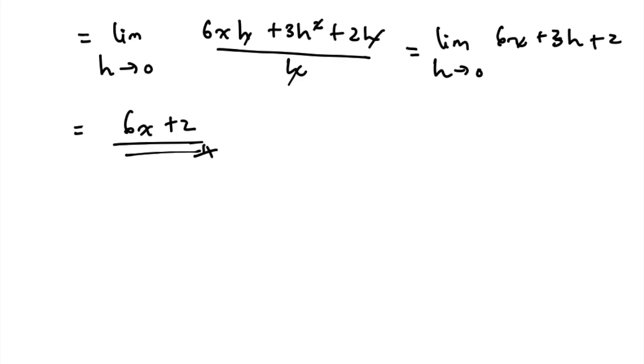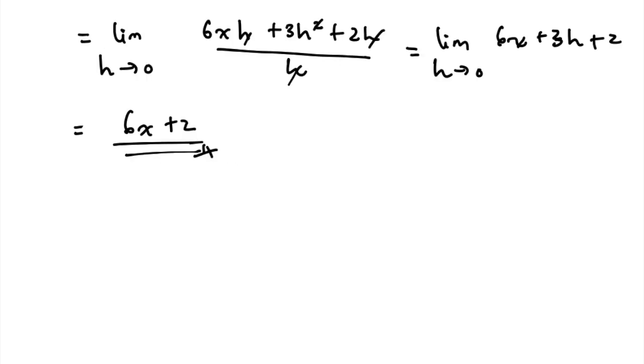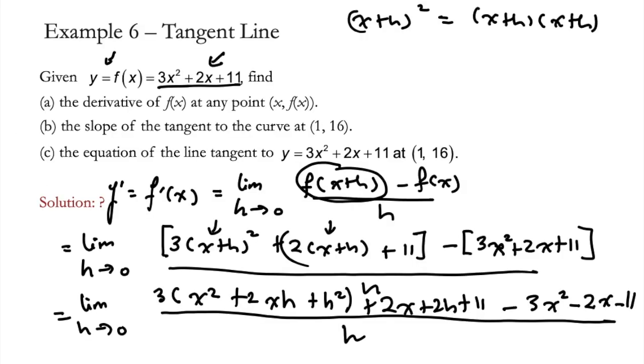Let's crack on. We look at this. Question B. Find the slope of the tangent to the curve at 1 and 16. So here, the derivative itself, I mean this answer, is also called slope. Then we have a coordinate from the question, which is 1 and 16.